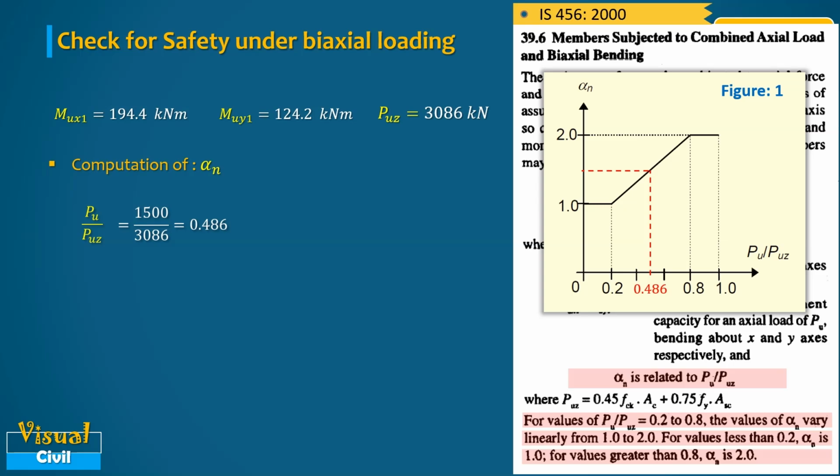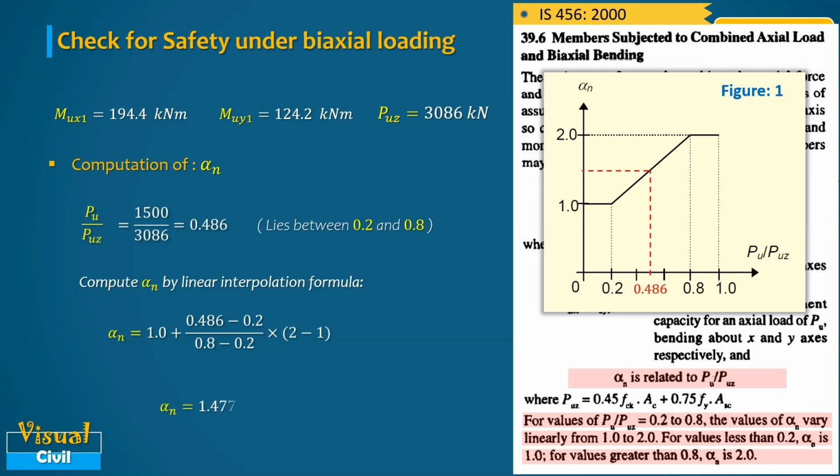Here, Pu by Puz is lying between 0.2 and 0.8. So, compute the alpha n by linear interpolation formula. After solving, we get alpha n equal to 1.477.